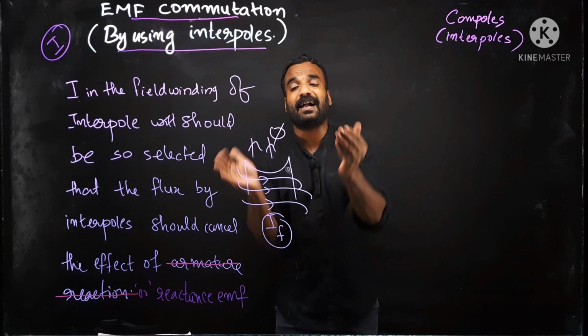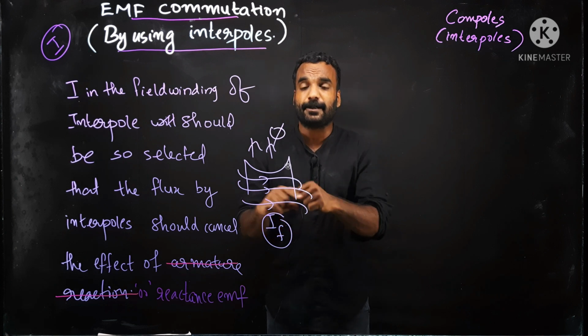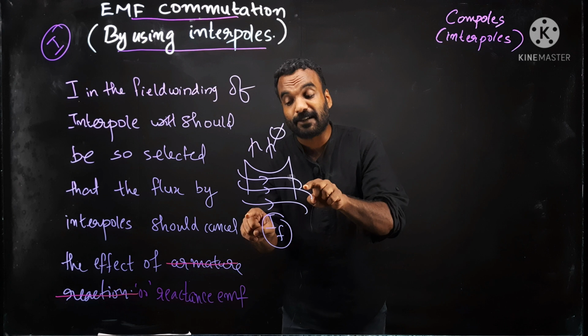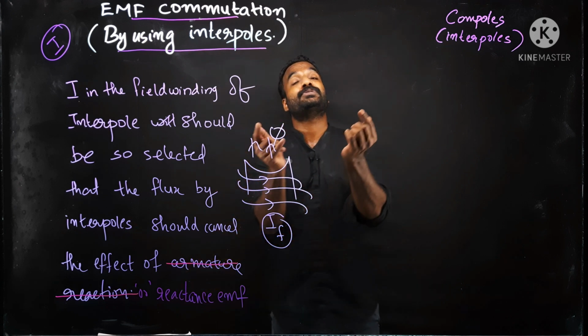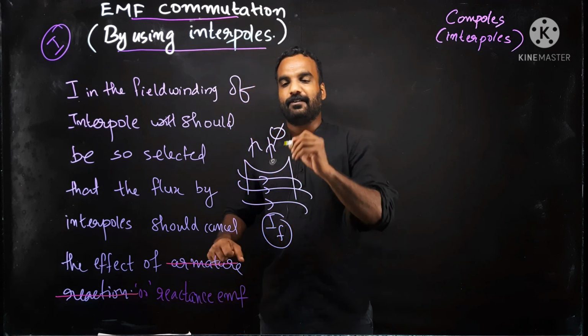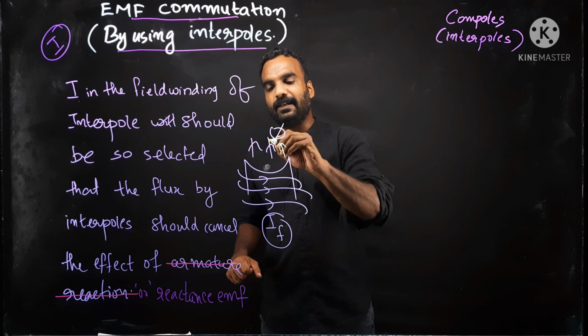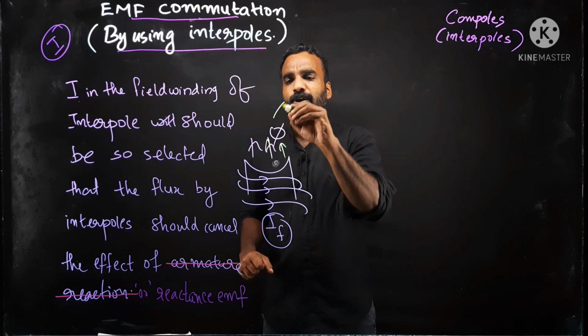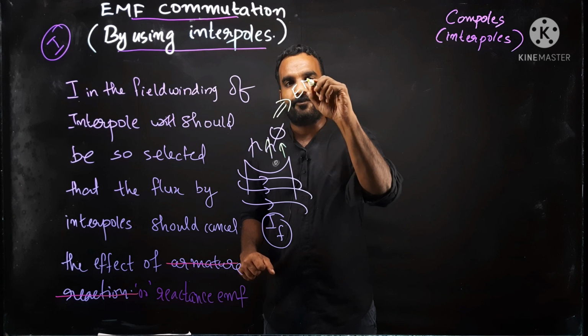So you are giving some additional flux by using interpoles, so that this additional flux should produce some EMF. Flux given inside a generator means when cutting happens you will get some EMF.